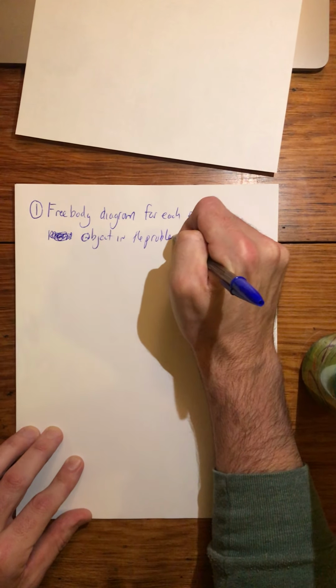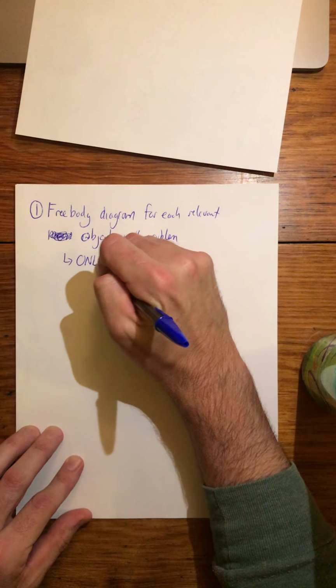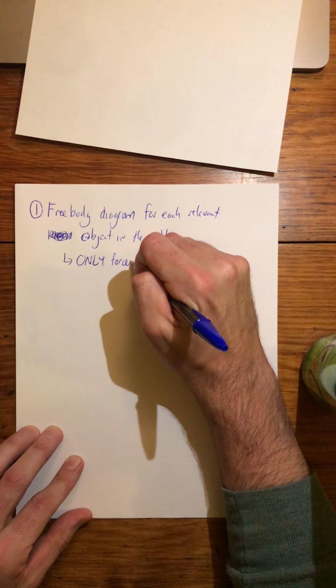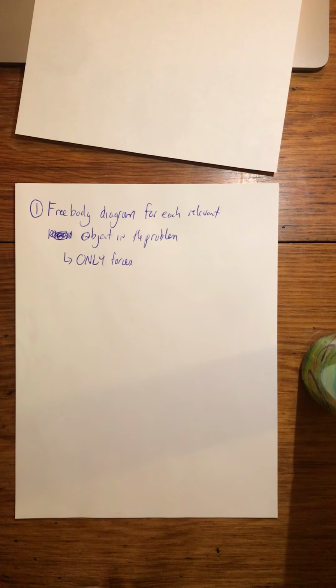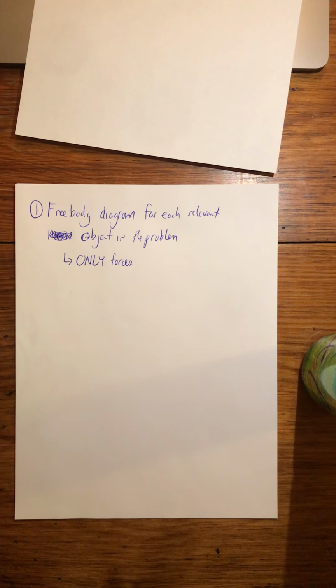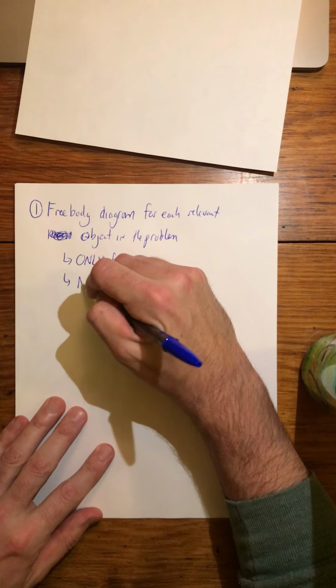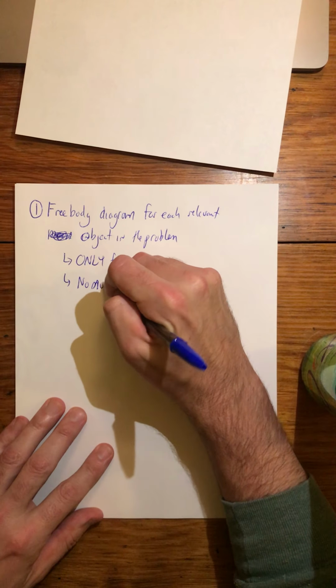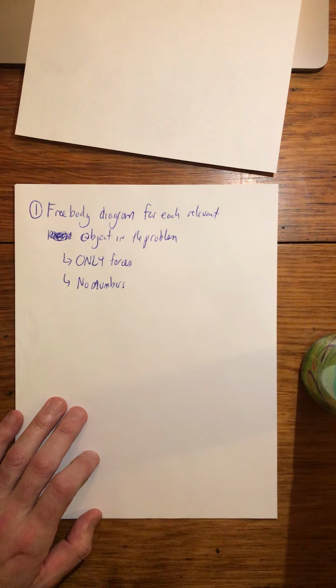On a free body diagram, a couple of things. This shows only forces, right? It doesn't show displacements, it doesn't show velocities, it doesn't show accelerations. The only thing that will be on the diagram is going to be force vectors, okay? No numbers on our free body diagram, only variables, okay?